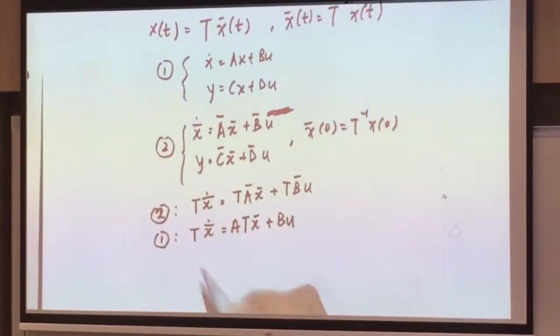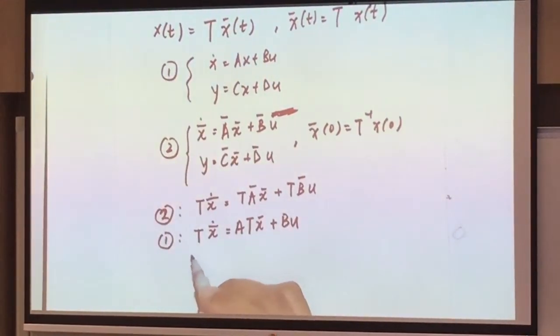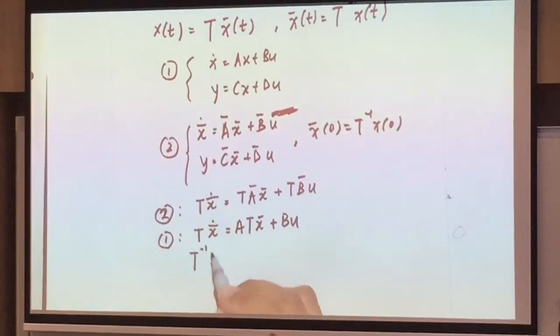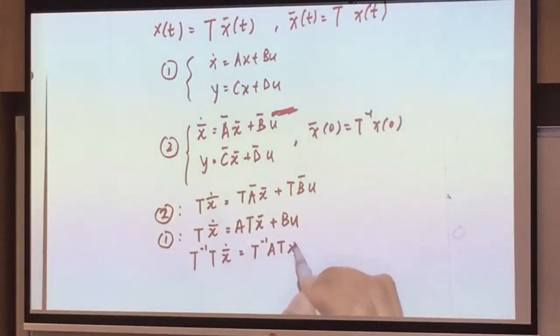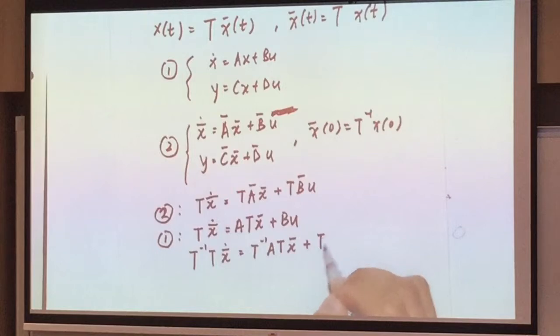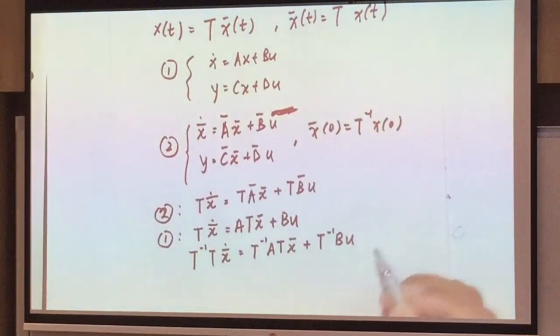You get rid of this T, so you have T inverse T x bar dot equals T inverse A T x bar plus T inverse B u.